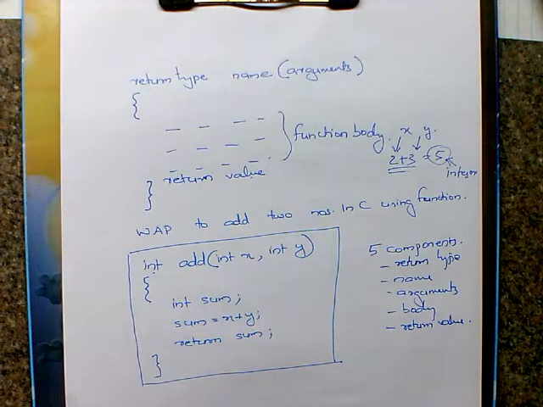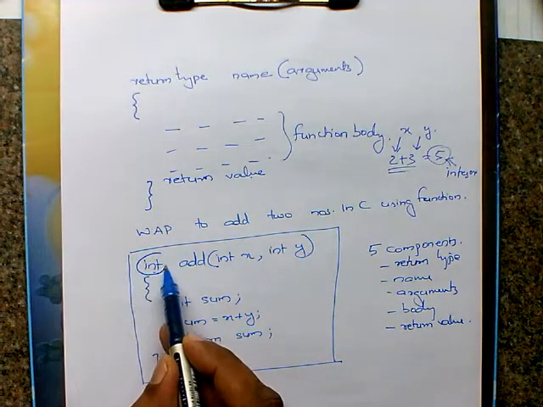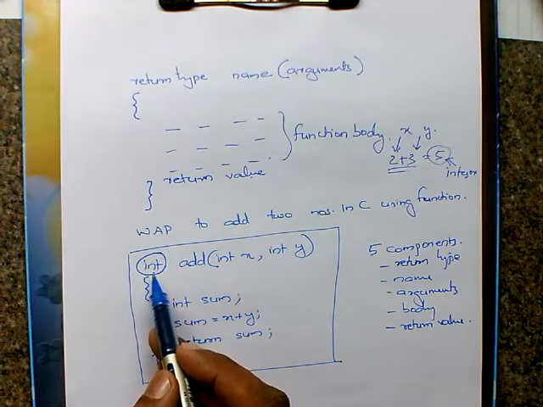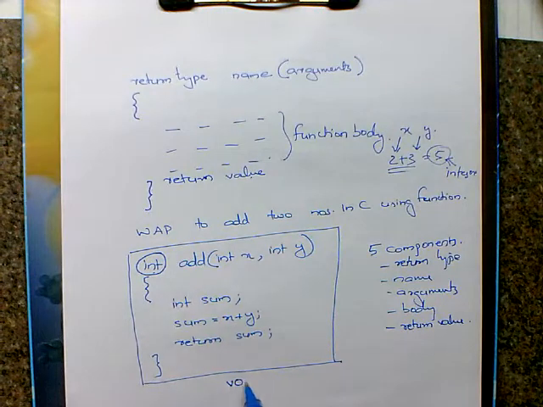Now another beauty of C is that you can write a function by skipping components if they are not necessary, or you can omit those components. So what are the components that you can omit? Return type. It is not necessary that it should return a value every time. Instead of integer, you can give void.